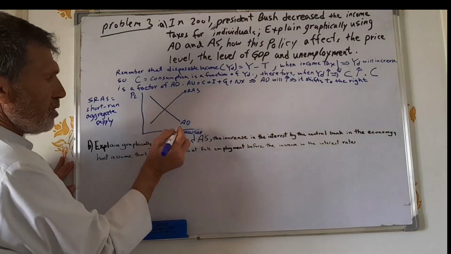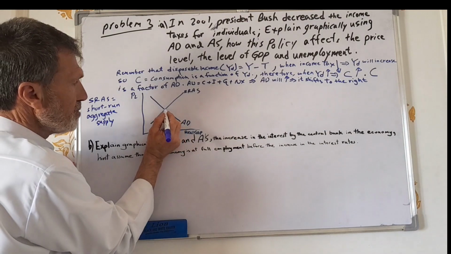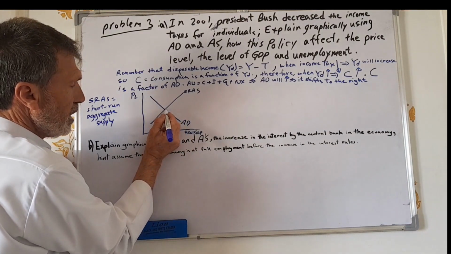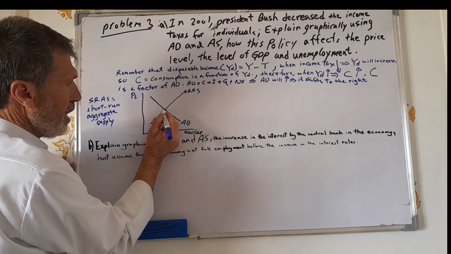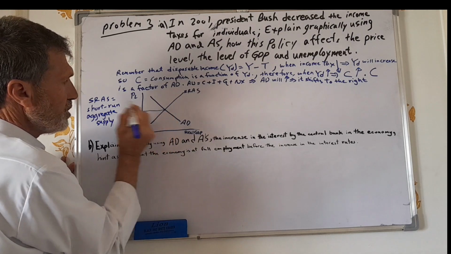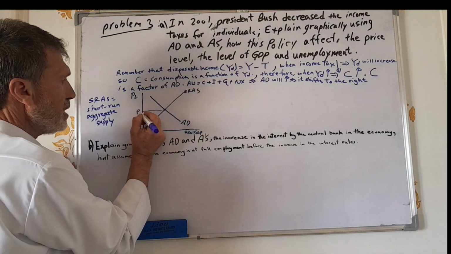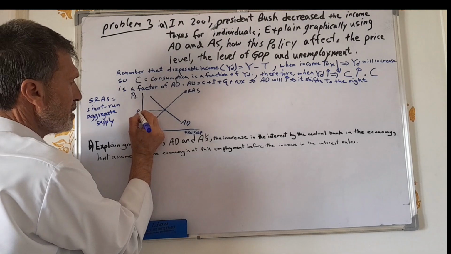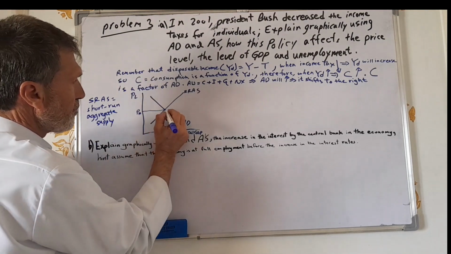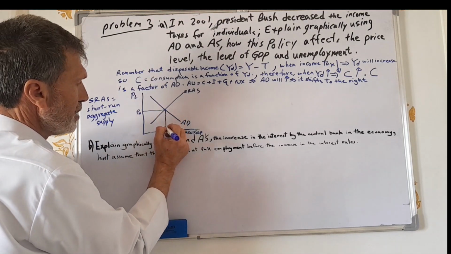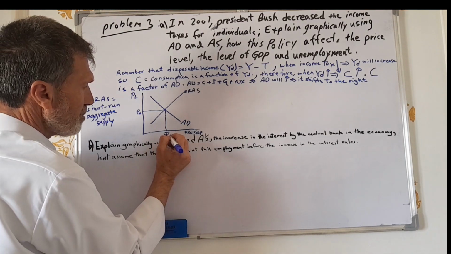The intersection of aggregate demand and short-run supply is here. Here, we draw a horizontal line to intersect the vertical axis. This will give us the price, let's say price star, and here a quantity star.